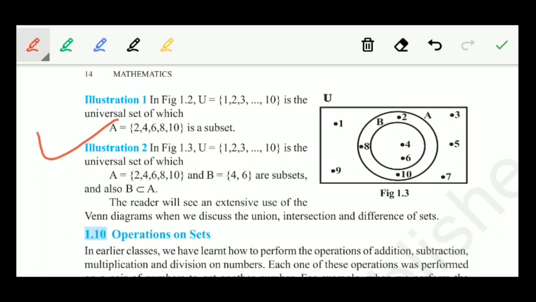Here you can see B is also a subset of A. So all the elements 1 to 10 lie inside the rectangle, the numbers 2, 4, 6, 8 and 10 lie inside A, and only two numbers, 4 and 6, lie inside B.